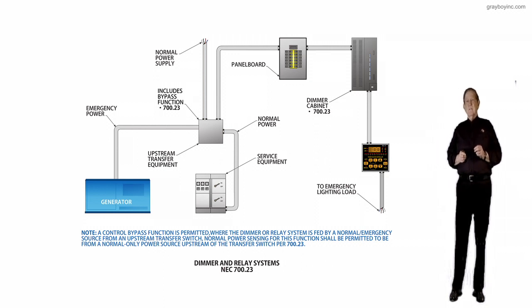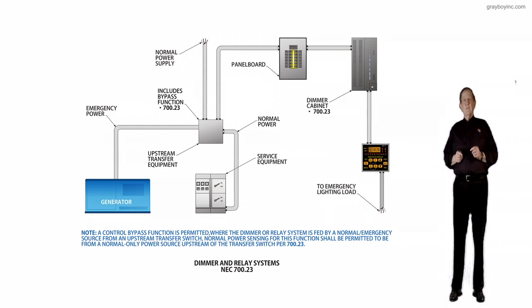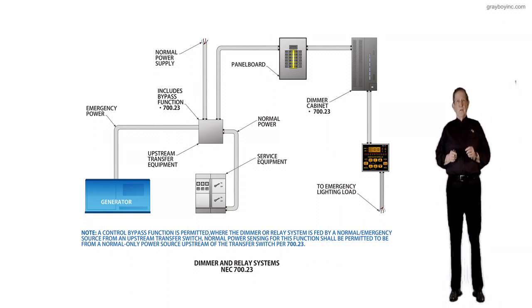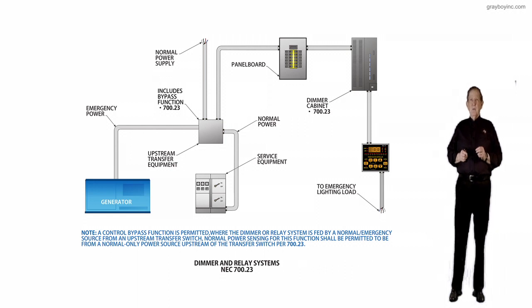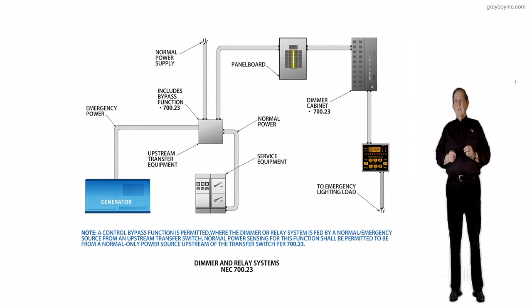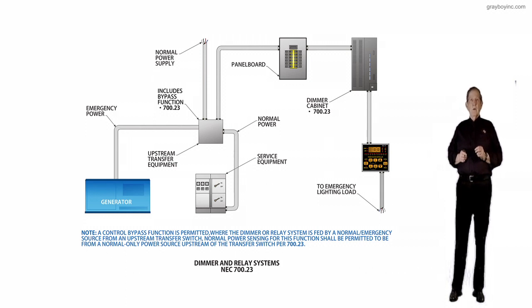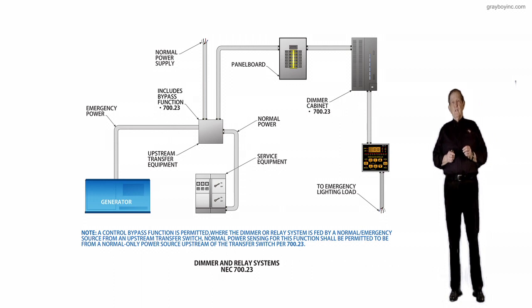First, I'd like to keep the change in order here, so I want to review the note. A control bypass function is permitted where the dimmer or relay system is fed by a normal emergency source from an upstream transfer switch.